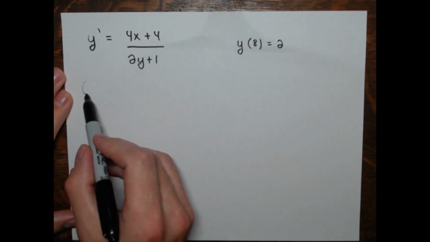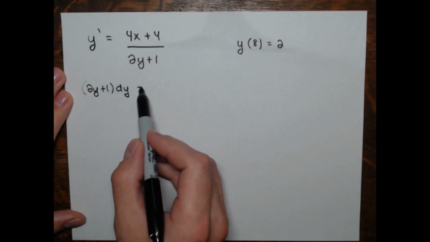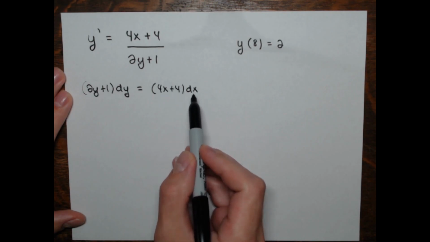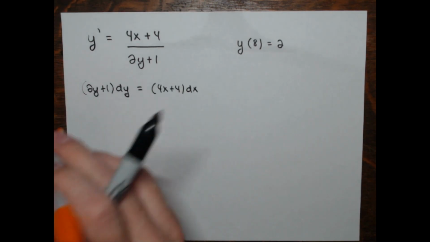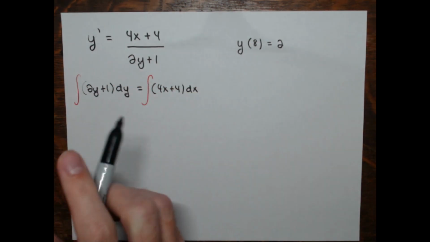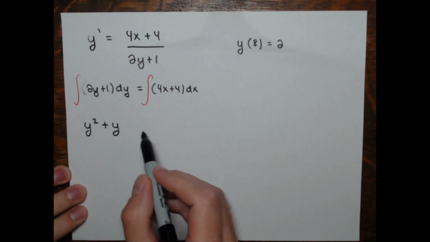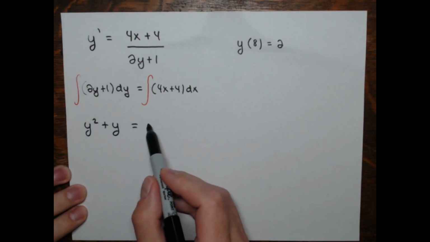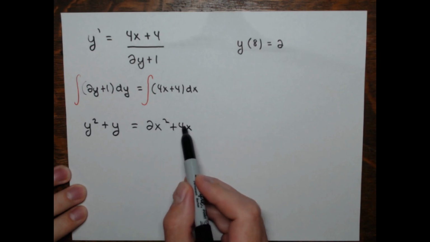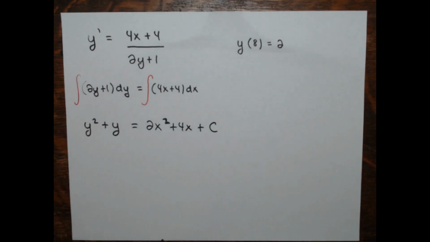So when I do separation of variables here, we're going to have 2y plus 1 with the dy on the left, and 4x plus 4 with the dx on the right. We integrate. You get y squared plus y on the left side, and then 2x squared plus 4x, and then plus your constant on the right side with the x's like they wanted.